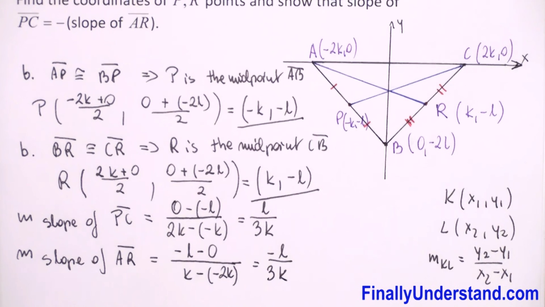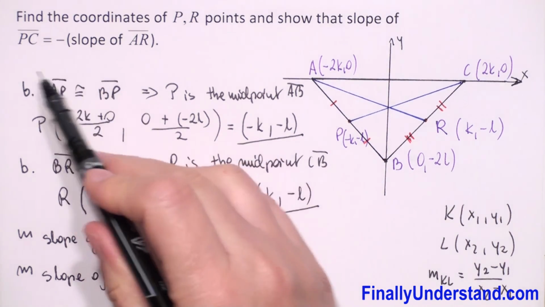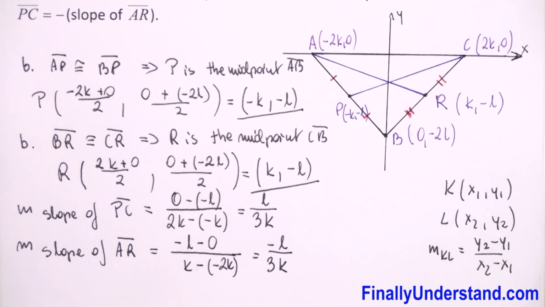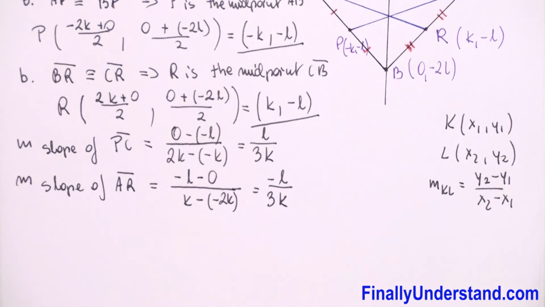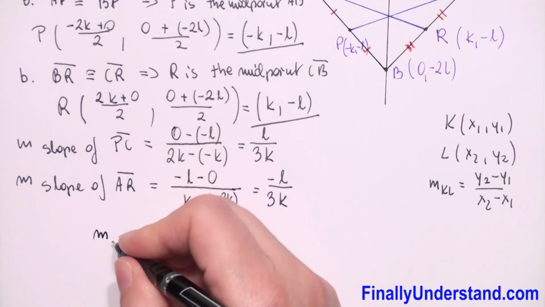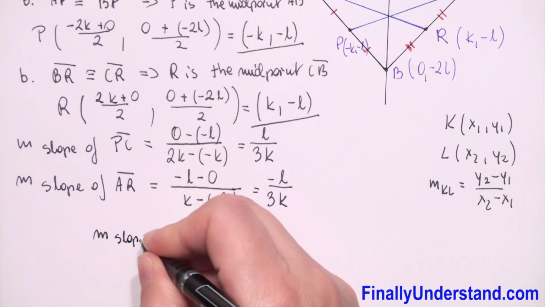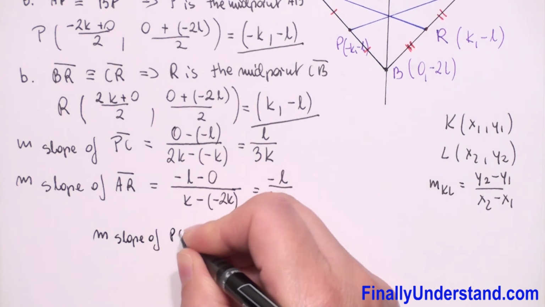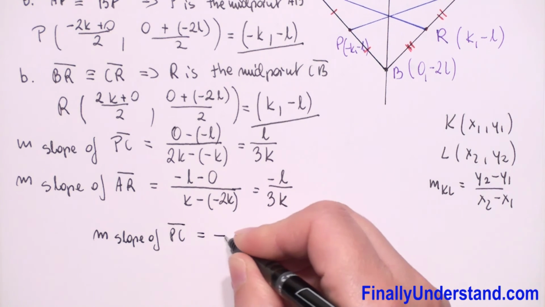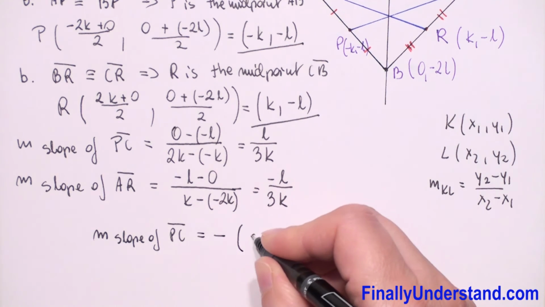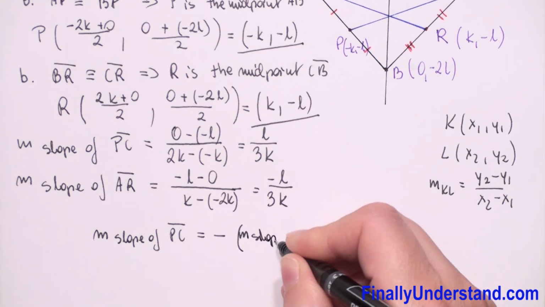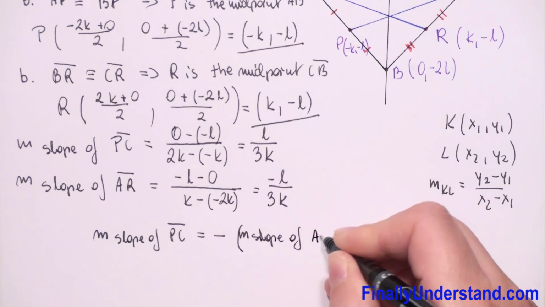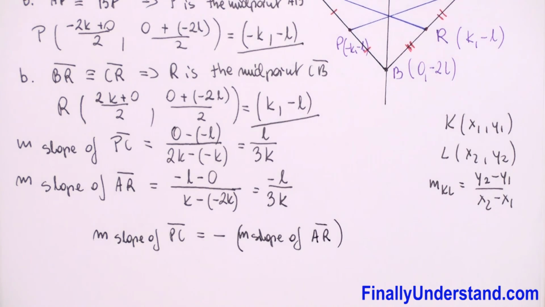Now we have to check if this statement is true. So we have the slope of PC segment is equal to the negative of the slope of AR segment.